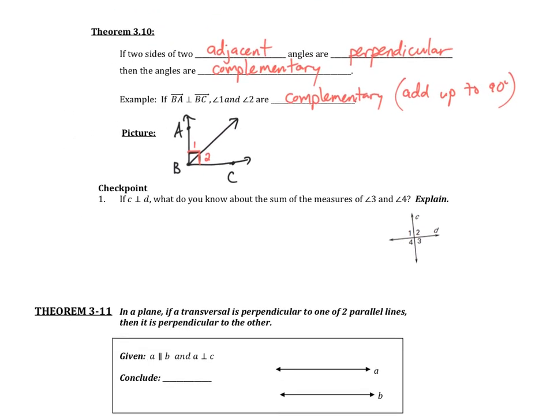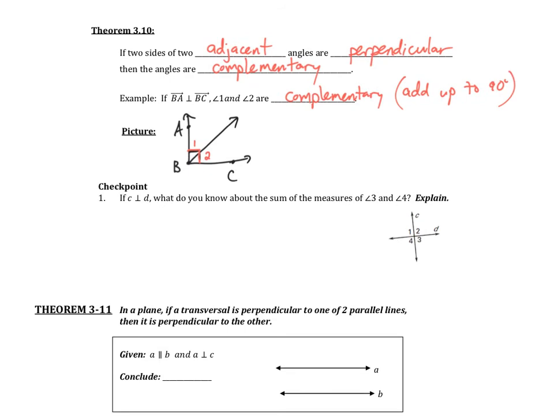So we have a checkpoint. If C is perpendicular to D, what do you know about the sum of the measures of angle 3 and angle 4? So if they are perpendicular, you know they form a right angle. And remember earlier we talked about, if one angle's 90, then they both have to be 90.